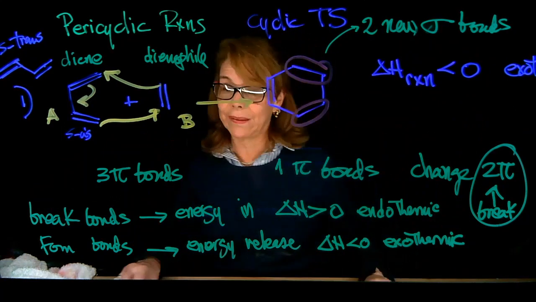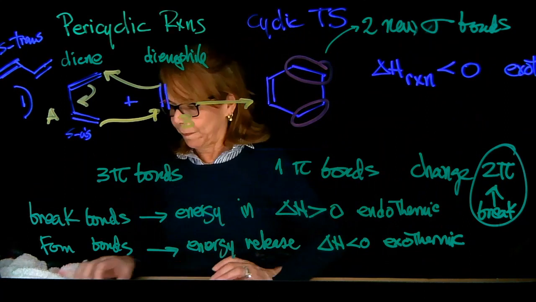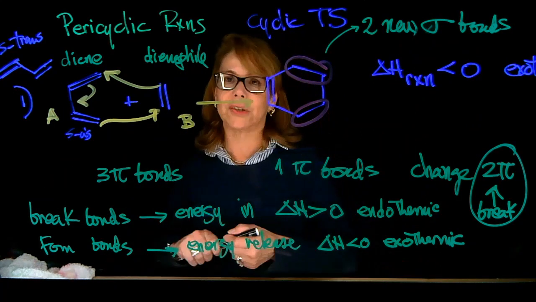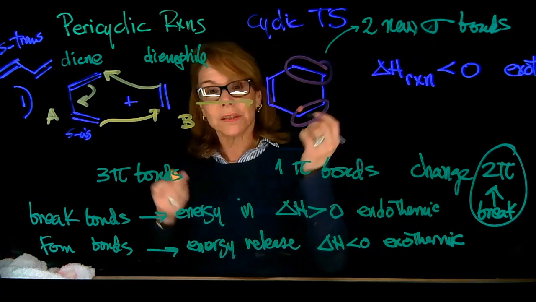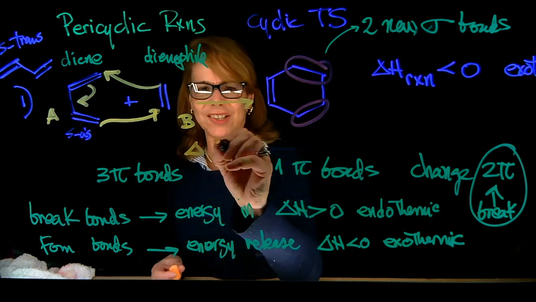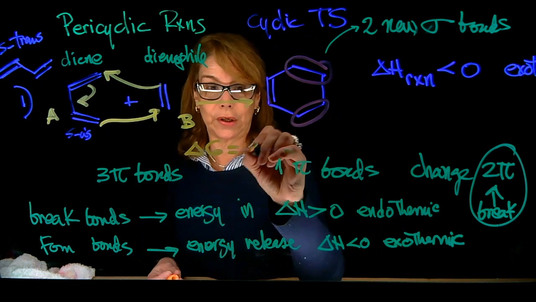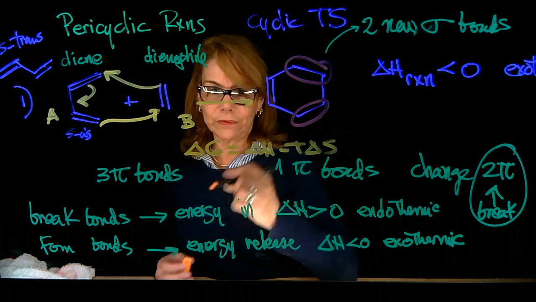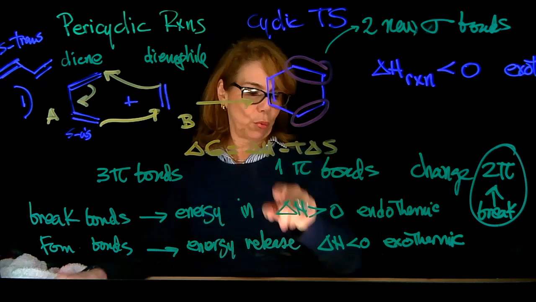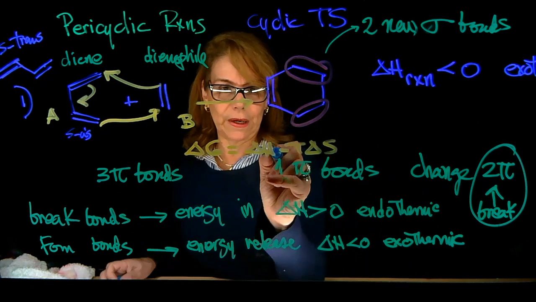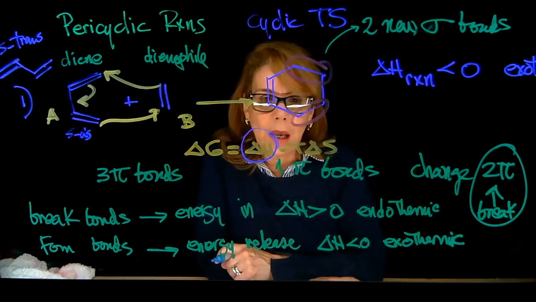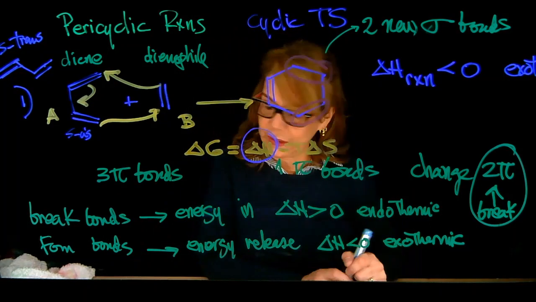Now let's talk about the entropy part of that. Remember that when we talk about spontaneity of reactions, we work with delta G, and delta G, the Gibbs free energy, equals delta H minus T delta S. We have talked about this portion. So far, the reaction is exothermic. So let's see what happens in terms of the entropy.